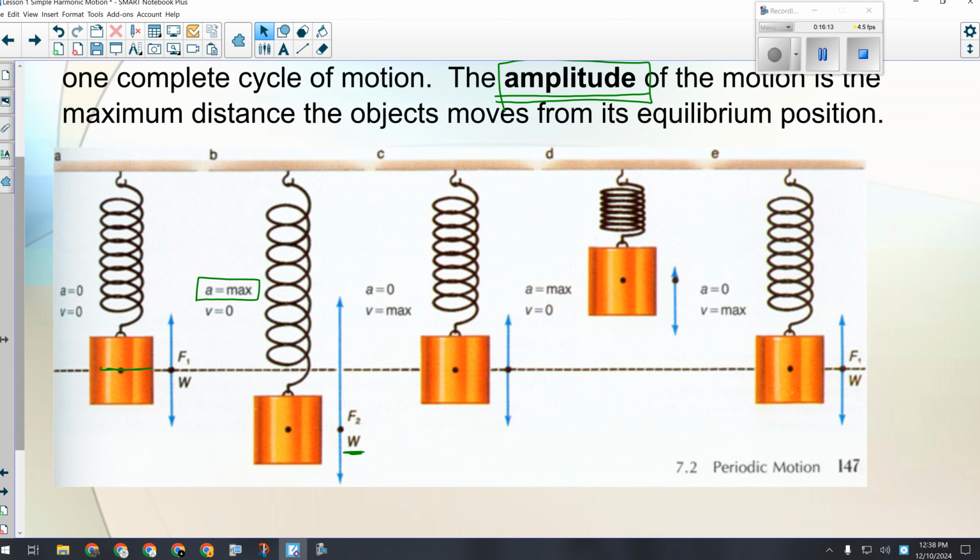So when you are at your maximum amplitude, you have the greatest acceleration, the greatest force, and the greatest amount of potential energy. Do you have any kinetic energy at that position? Why don't you?